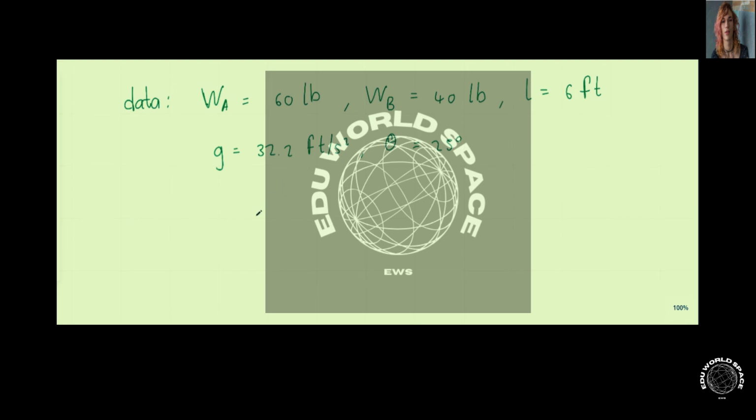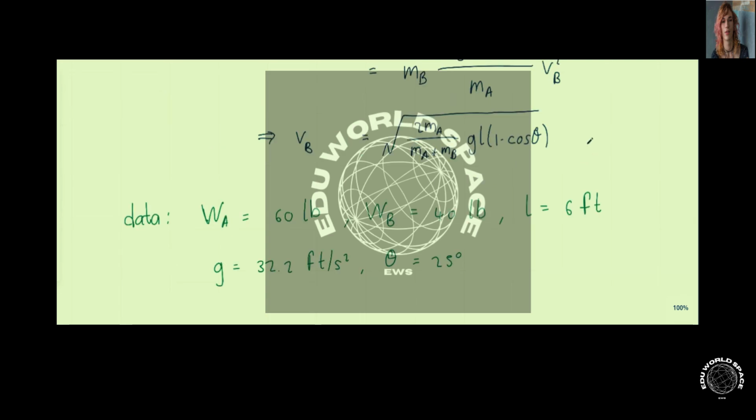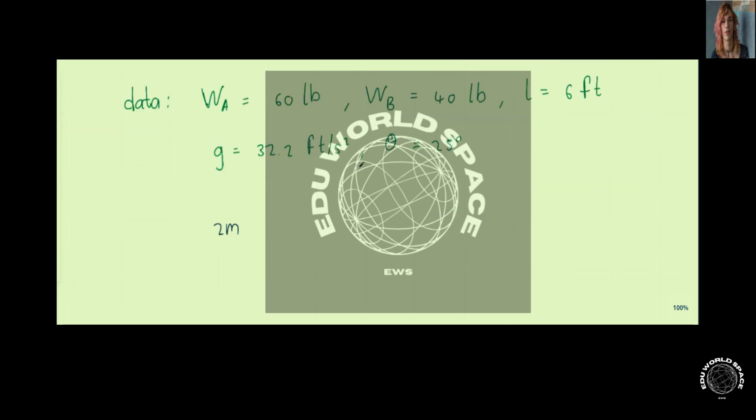So what we get from above is the expression for v_B, which we'll call equation 2. And so we can substitute our given data into this equation.